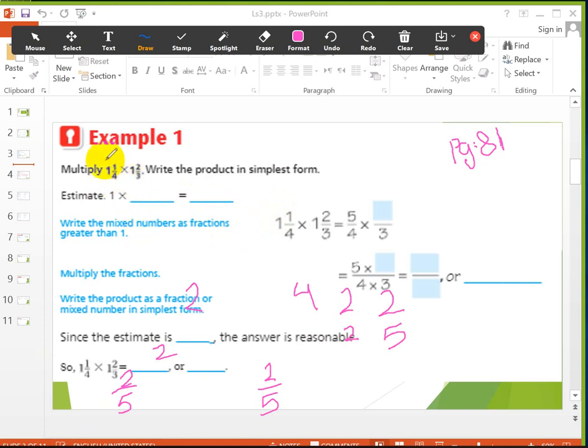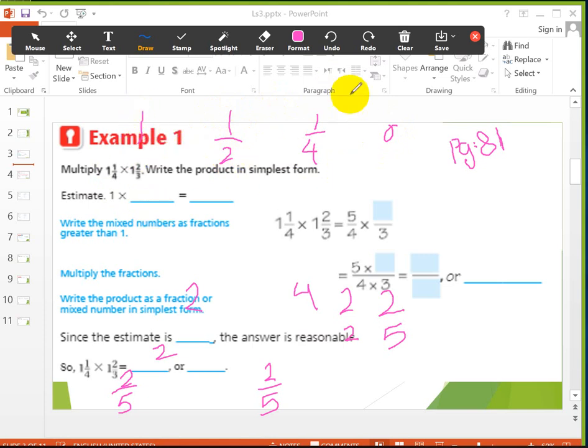Look, the first number, 1 and 1 over 4. If you round this number to the nearest whole, it will be 1. How will I know it's 1? Because for 1 over 4, remember, benchmarks tell me if the number is close to 0 or a half or 1.